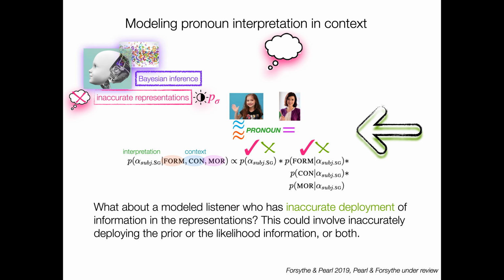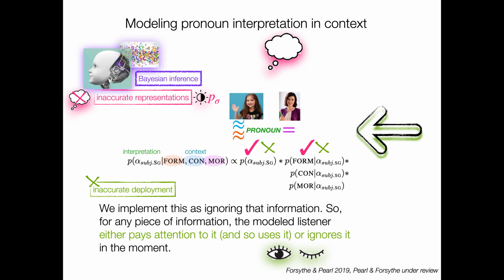What about a modeled listener who has inaccurate deployment of information in the representation? This could involve inaccurately deploying the prior or the likelihood information, or both. We're going to implement this as ignoring that information in the calculation. So for any piece of information, the modeled listener either pays attention to it, and so uses it, or ignores it in the moment.